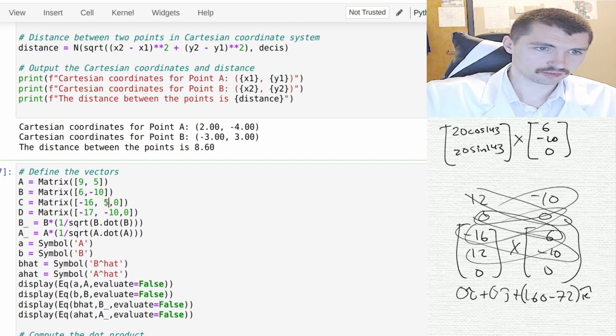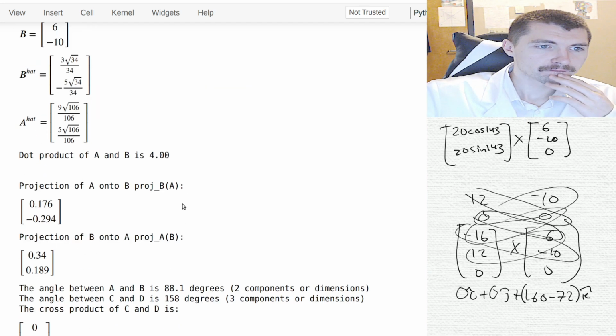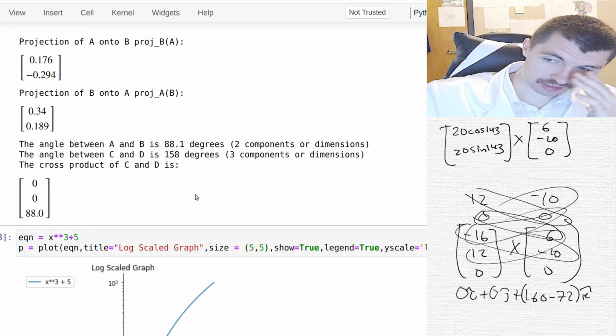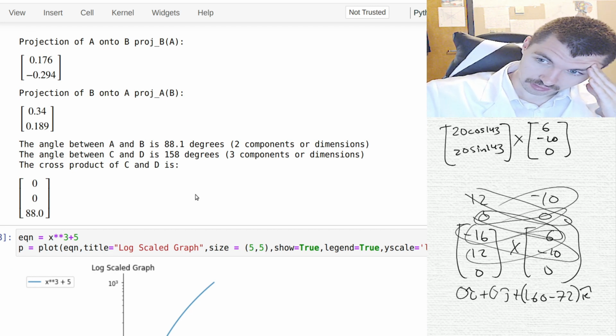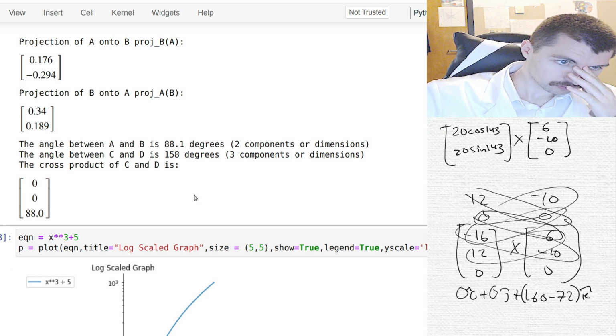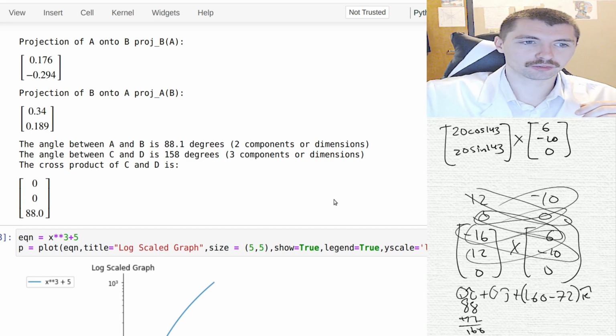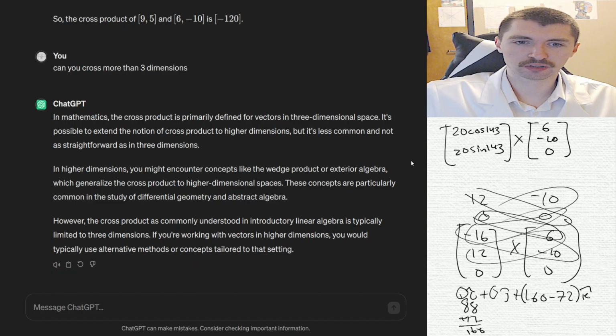Negative 16, 12 cross 6, negative 10. 88 plus 72, 160. So that checks out.